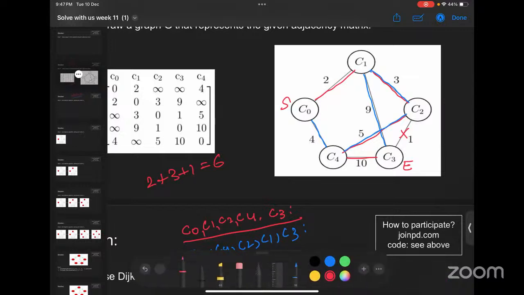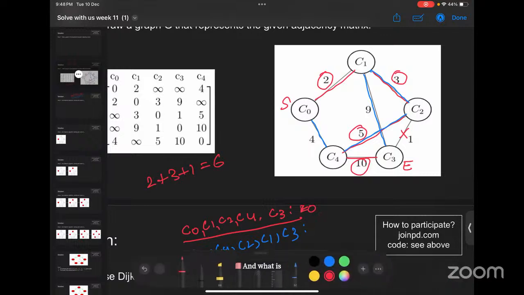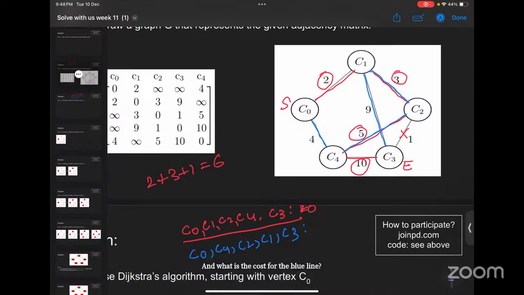Now we will calculate the cost. So what is the cost for the red line? 2 plus 3 plus 5 plus 10, right? That means 20. And what is the cost for the blue line? 21. So obviously we will choose the way which can cost the least price, right?